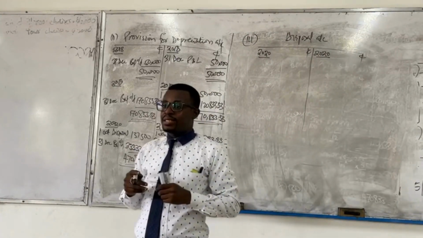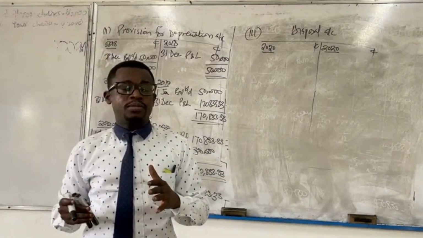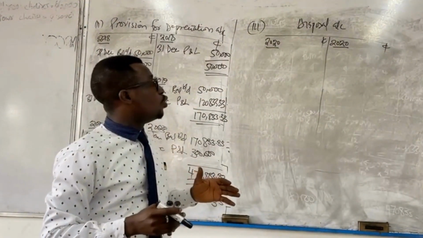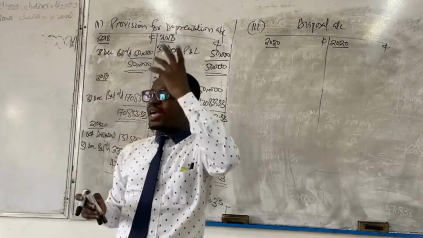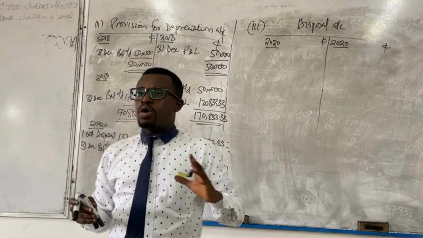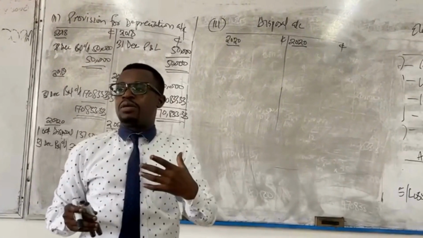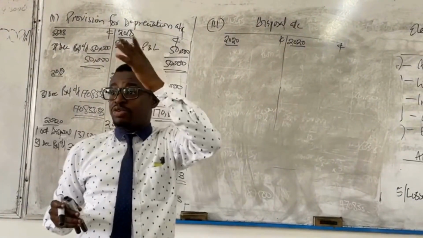We are going to the account, and then we will ask ourselves, in the plant and machinery account, on which side do we record the disposal? The plant and machinery credit.